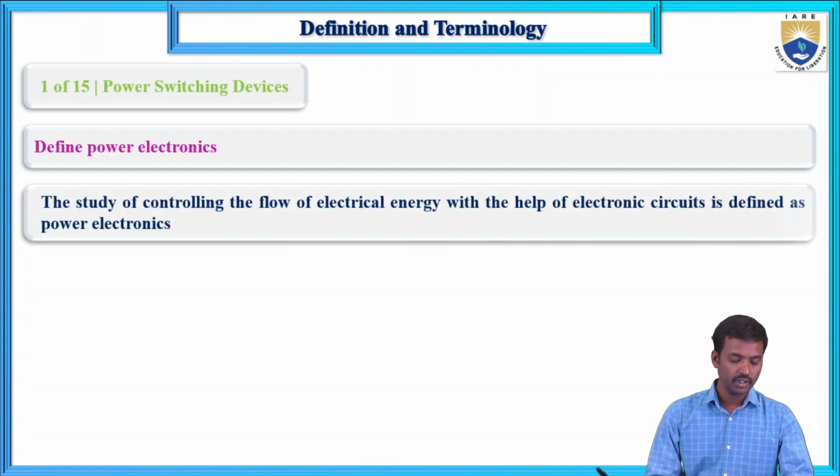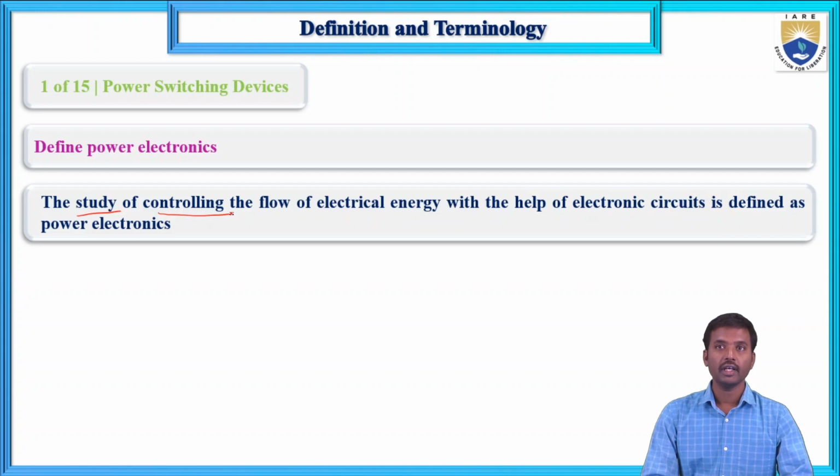Here the definition is: the study of controlling the flow of electrical energy with the help of electronic circuits is defined as power electronics. Power electronics means the study which deals with the design, control and conversion of electrical energy from one form to another form.